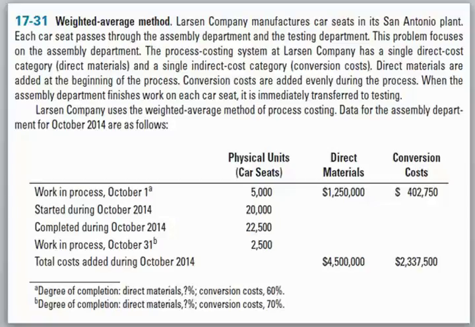The beginning work in process has 5,000 physical units of car seats, direct material cost of 1,250,000, and conversion cost of 400,750. Units started were 20,000 car seats, the completed units were 22,500, and the ending work in process was 2,500 car seats.